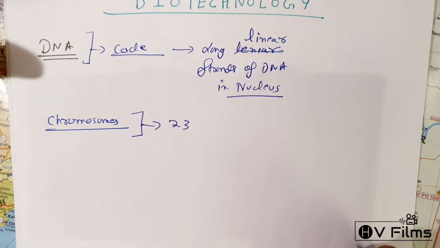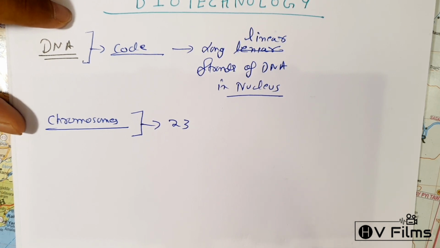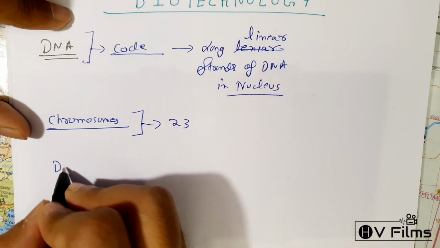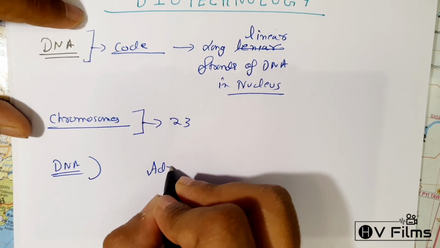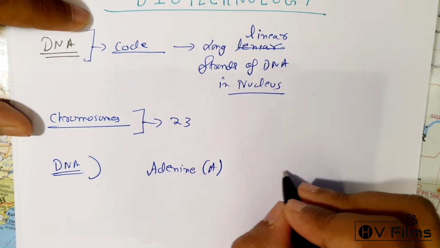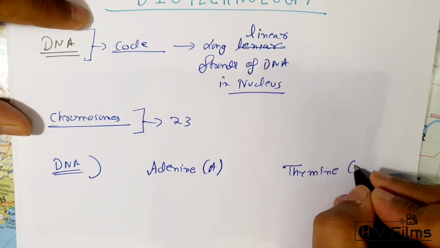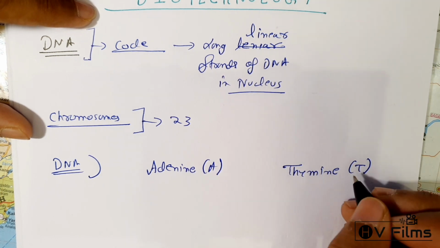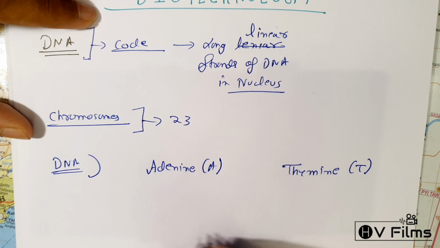And when we talk about DNA, the DNA base pairs exist. DNA bases are connected with hydrogen bonds. So when we say the types of DNA bases, there is adenine, which we call A, and thymine, which is T. An adenine and thymine always form one pair, they always connect to each other.